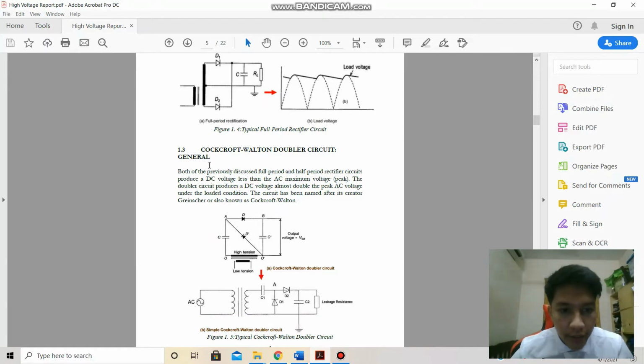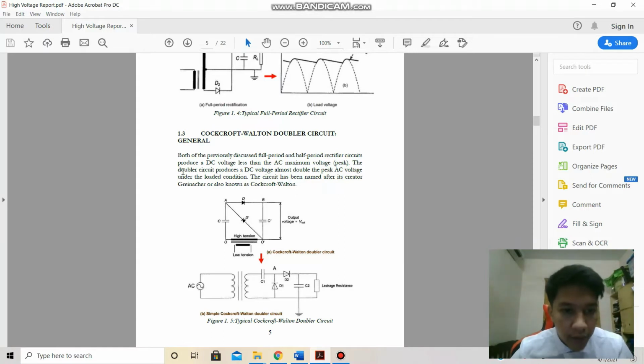Okay, next is the Cockcroft Walton doubler circuit, about the general. Both of the previously discussed, the full period and half period, produce a DC voltage less than the AC maximum peak voltage.